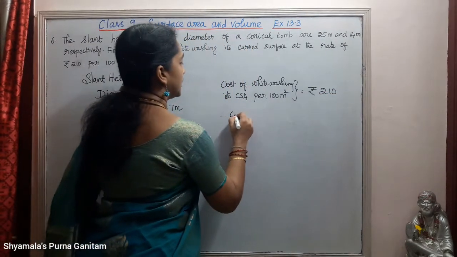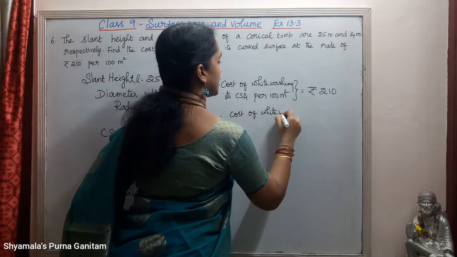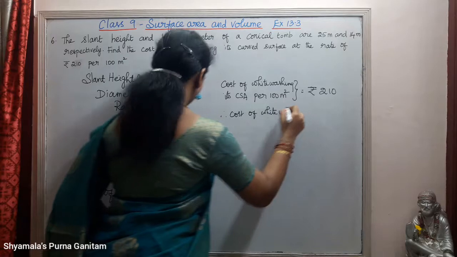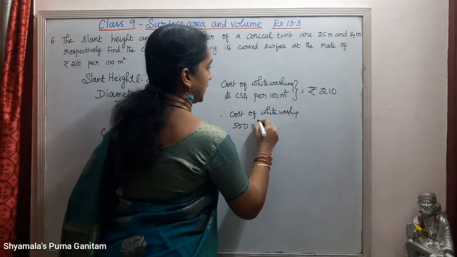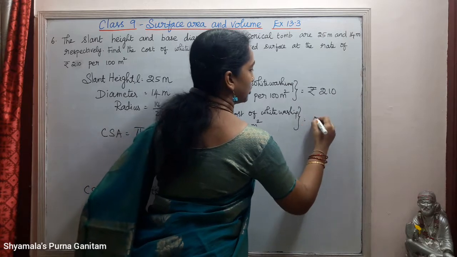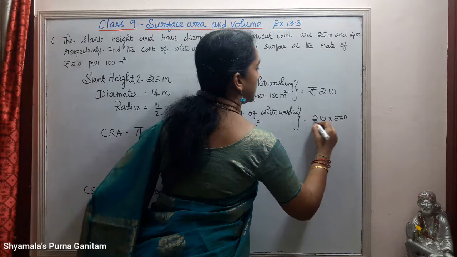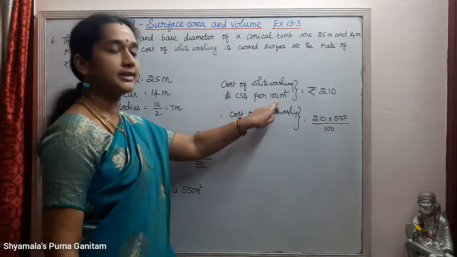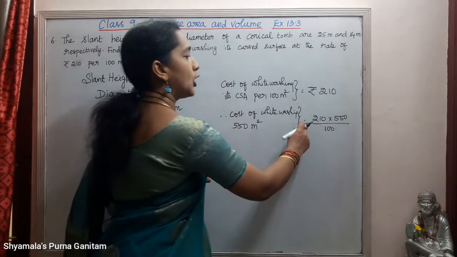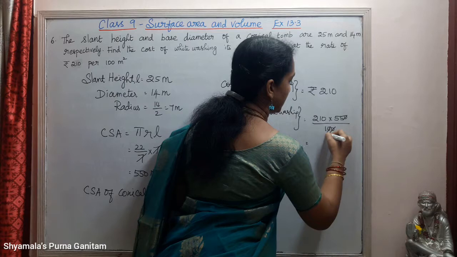So therefore cost of whitewashing 550 meter square is equal to 210 into 550 divided by 100. So this is for 100 meter square. So 210 into 550 divided by 100.